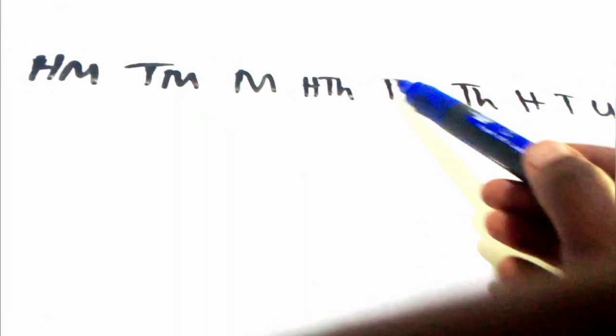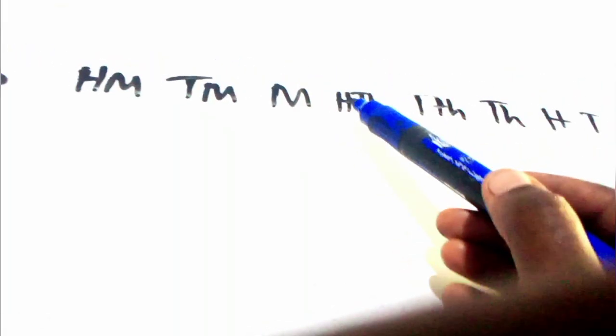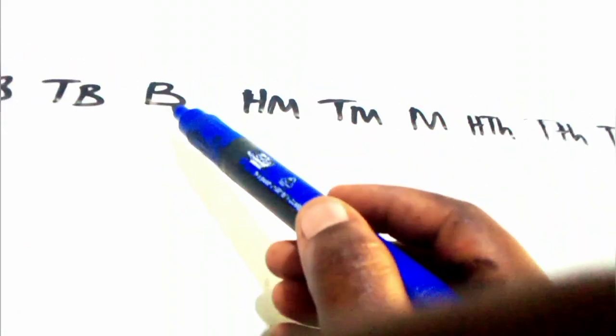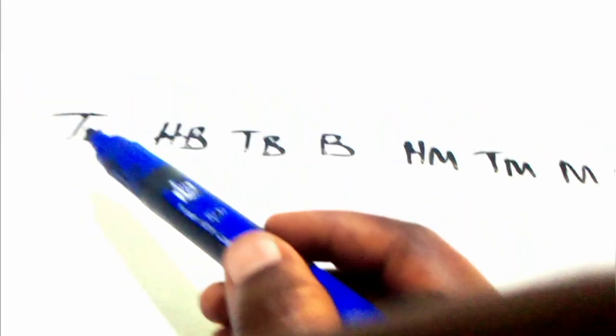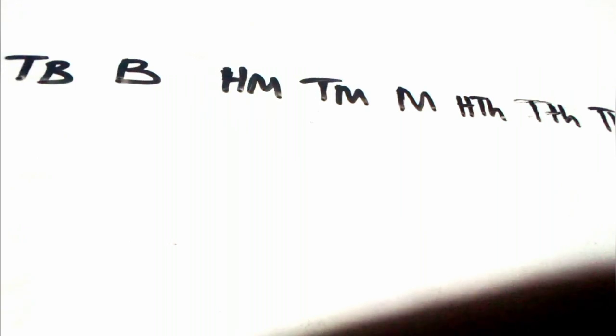We have units, moving towards the left, from right to left: units, tens, hundred, thousand, tens of thousand, hundreds of thousand, million, tens of million, hundreds of million, billion, tens of billion, hundreds of billion, then trillion. So if you are given a number to write in words, to read the number, what you need to do is to place them in their place value.